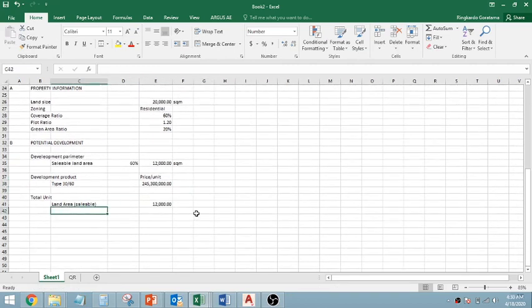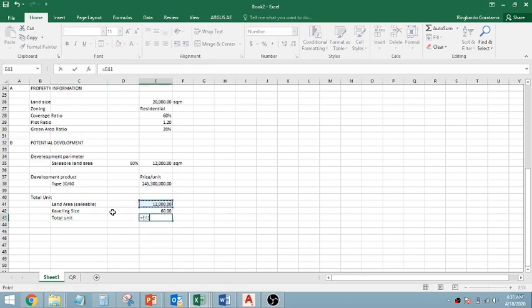And the coupling size is 60, right? Let's put it here. And so we can calculate the total units. It is just dividing this with this. So 200 units of residential houses.